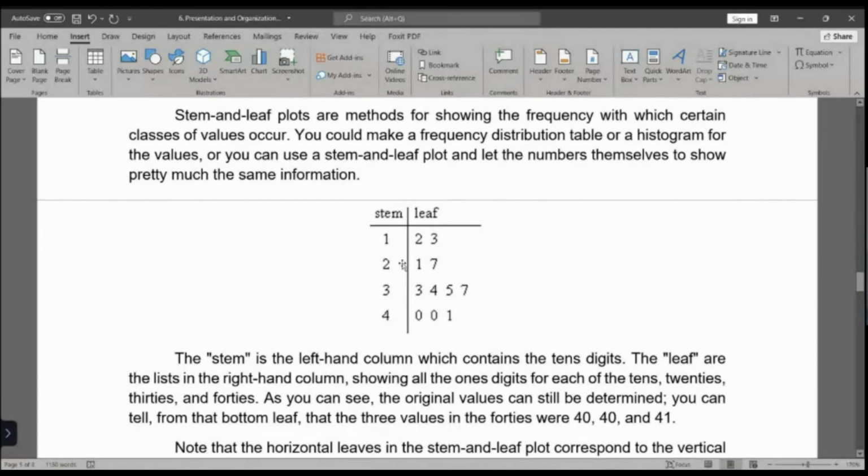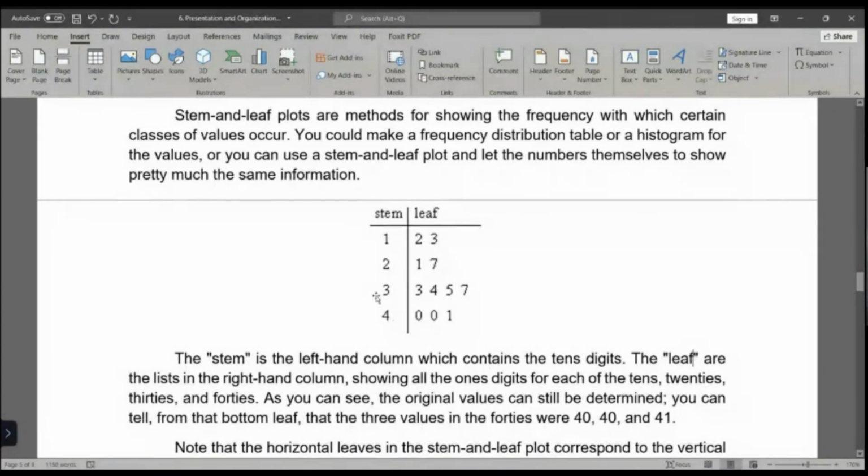We have 21, 27, 33, 34, 35, 37. We have 40, 40, and 41. Okay, so which means there were two values dun sa tens natin. There were two values sa 20s, there were four values sa 30s, and there were three values sa 40s.